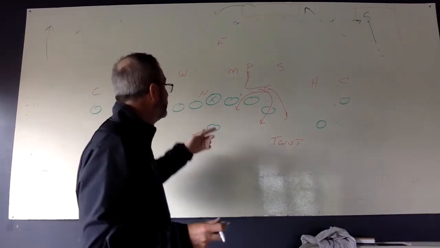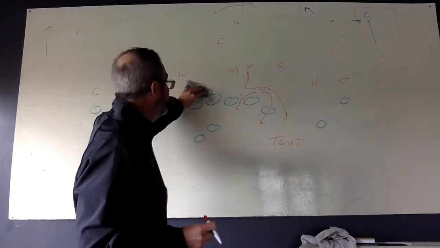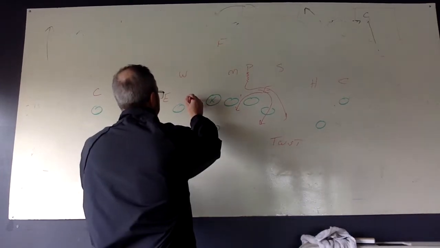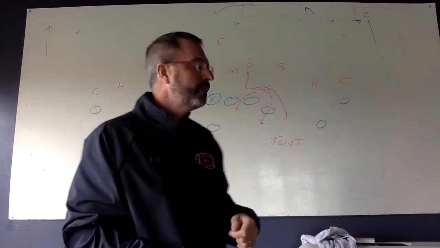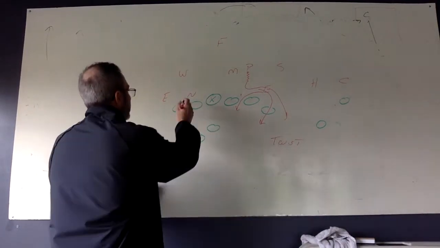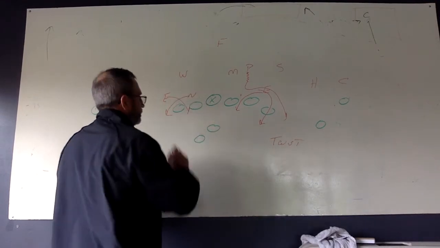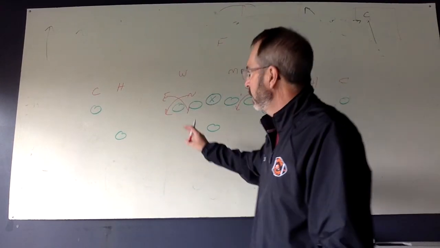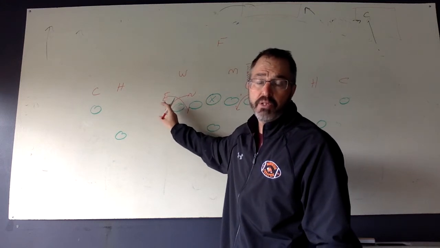You could do it over on the other side too, except this is an awful wide gap. So if you were to do it to the nose side, who's typically your A-gap player, I would tell you that you have that nose shade over more, so he's not so far away from the end when they do their twist. And I would also suggest that you do try to change your personnel.